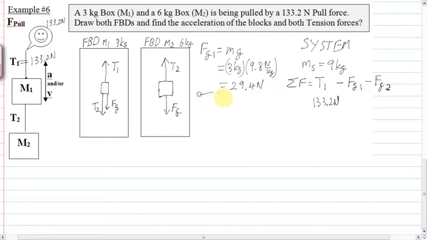Okay, I'm going to do a little aside calculation here as well for the force of gravity of number 2. And that mass is 6 kilograms. And that's 9.8 newtons per kilogram again, gravitational field strength. And that will be 58.8.